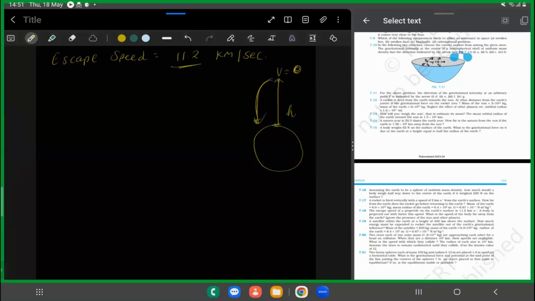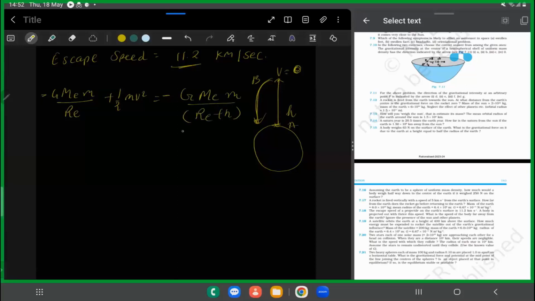So if we write kinetic and potential energy at point A and point B, then we can say that minus G Me m by Re plus half m v squared equals minus G Me m by (Re plus h). This is a simple energy equation, plus zero because there is no kinetic energy at the maximum height. We can cancel small m from all sides.